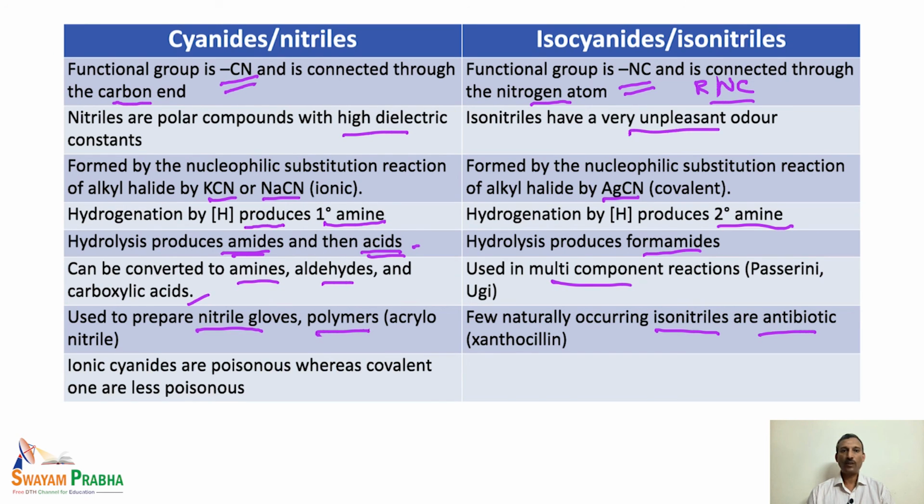And in the case of cyanides, the ionic cyanides are actually poisonous in nature, whereas the covalent ones are less poisonous. Unlike the inorganic cyanides, the organic cyanides are basically covalent in nature. So, since they are covalent, they are less poisonous compared to the inorganic counterpart, which are highly poisonous.